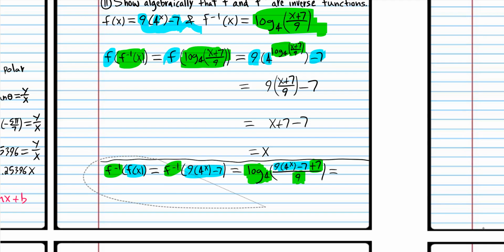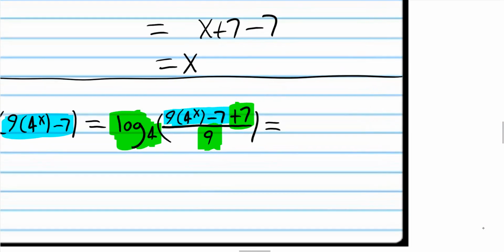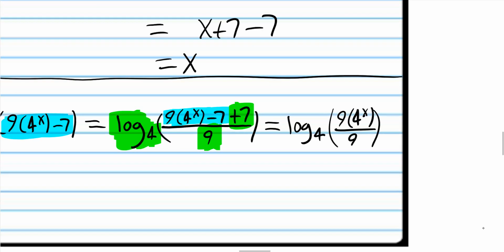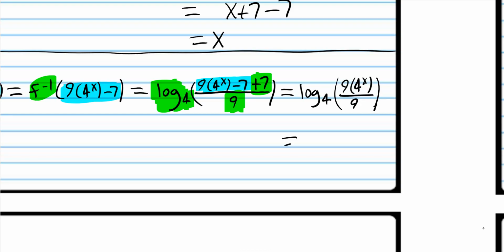I'm going to try to make a little more room here. So these 7s are going to cancel out, and we're left with log base 4 of 9 times 4 to the x over 9. And by the way, you don't have to show every step of this, just show a few steps. The 9s cancel out, and we have log base 4 of 4 to the x.